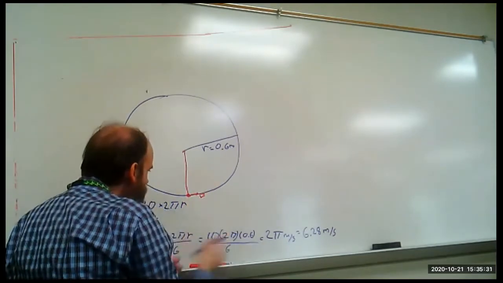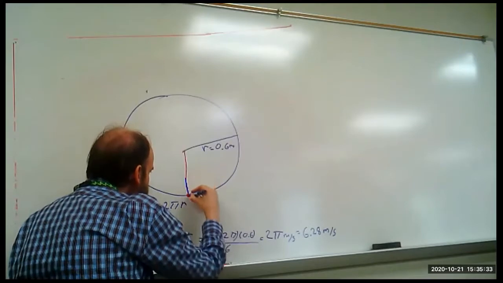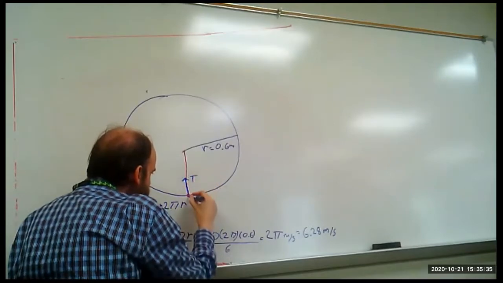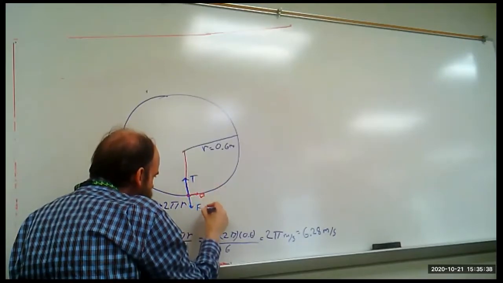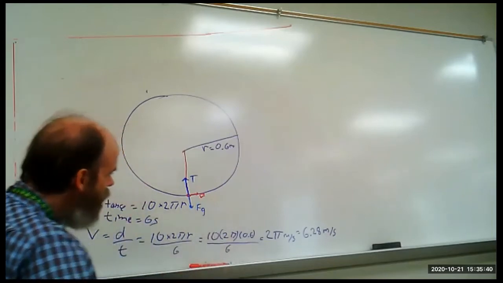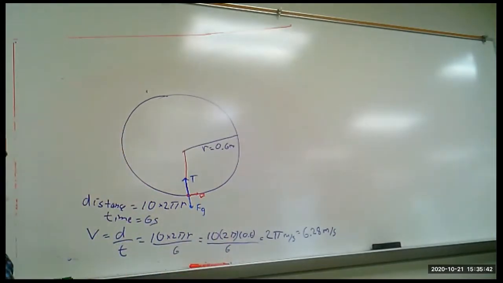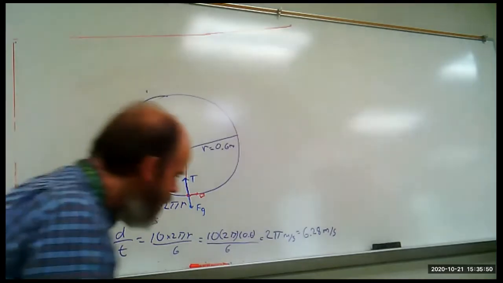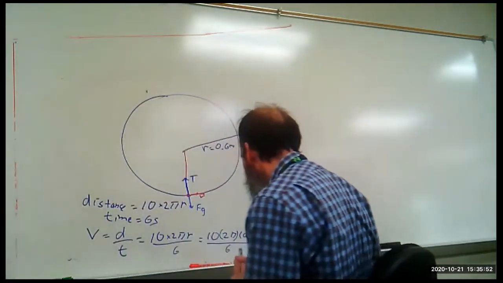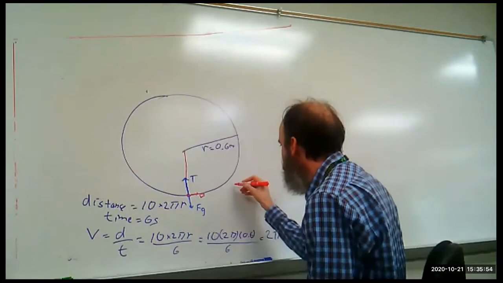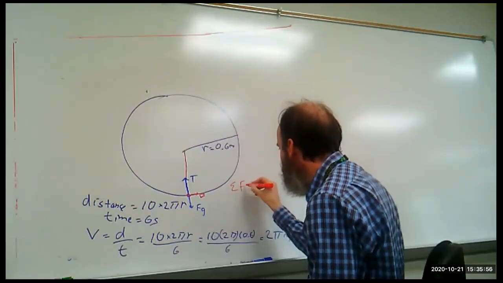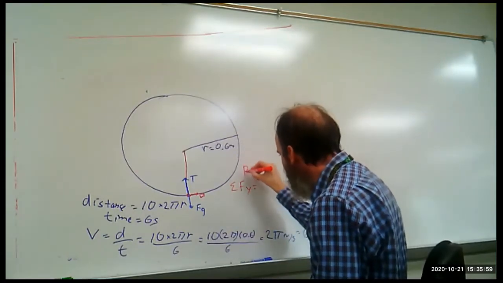So this is the tension, and this is the force of gravity. Now let's apply Newton's second law. Sum of forces in the y direction equals mass times acceleration in the y direction. This is at the bottom.